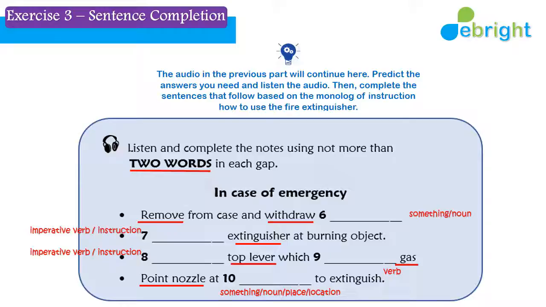This pressure causes the long pin to move down into the gas cartridge. As it does this, it releases gas into the upper part of the cylinder. The gas then forces the water in the main part of the container up the discharge tube and out of the nozzle, producing a jet of water which can put out burning materials such as paper and wood.